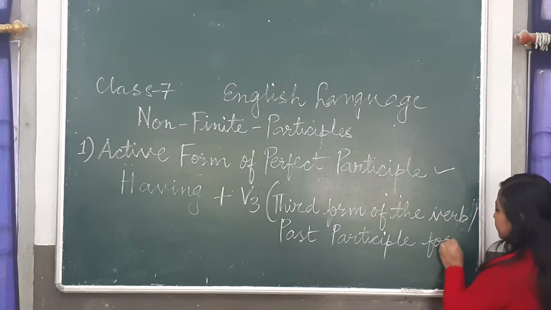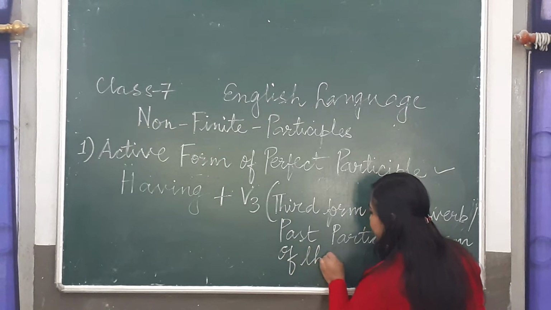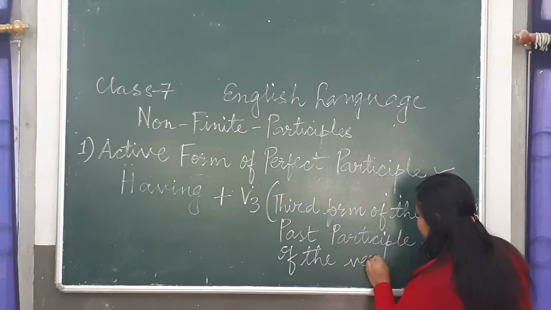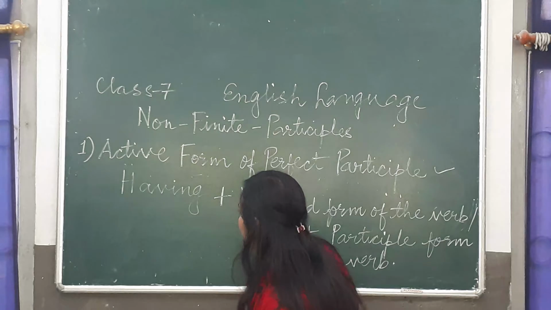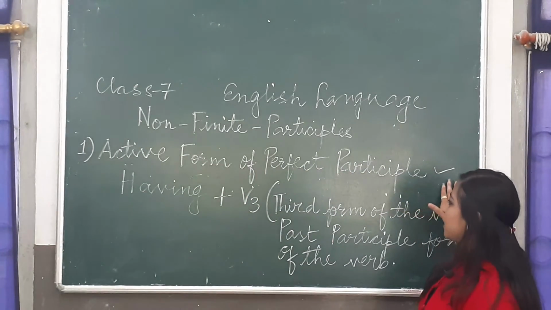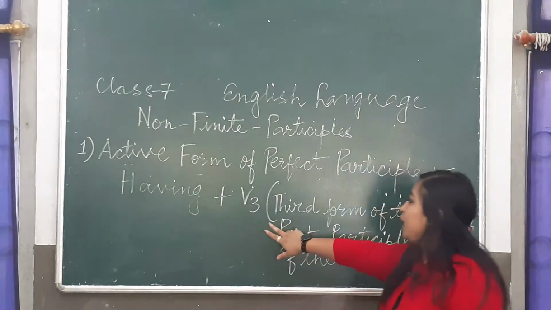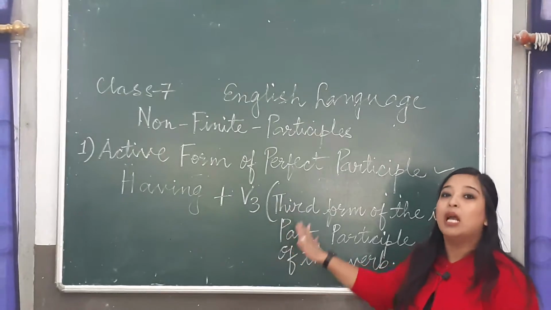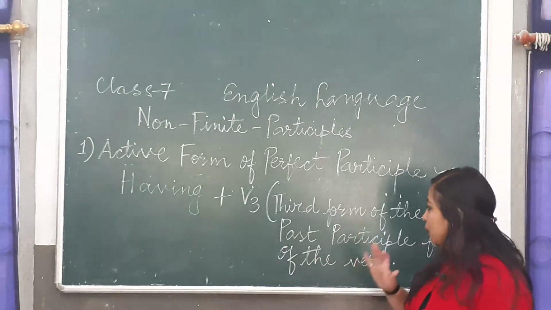You'll understand it better with an example. So, active form of perfect participle: you'll have to begin with having and the V3 form of the verb, which means the third form of the verb or the past participle form of the verb.